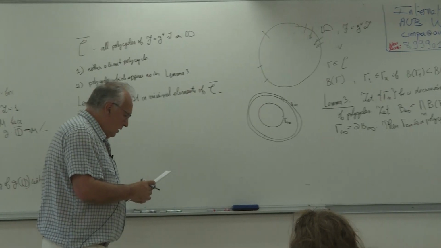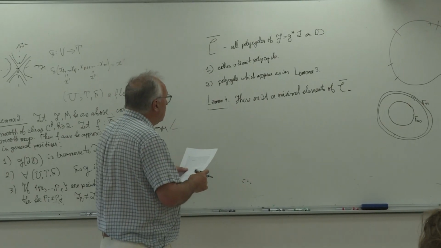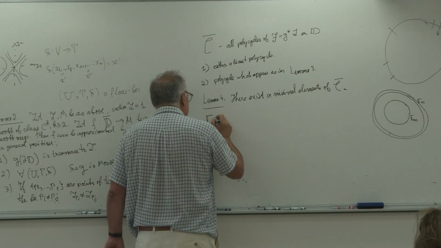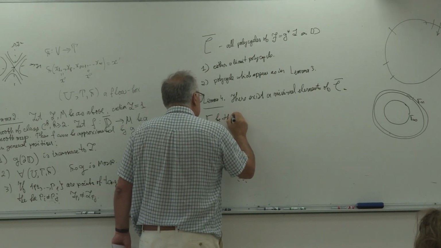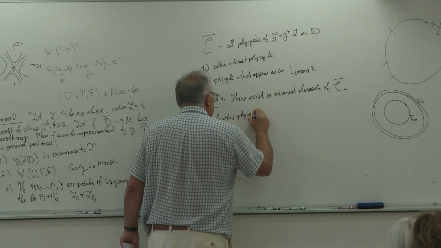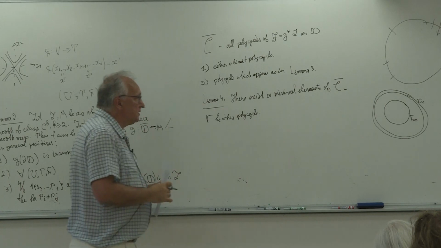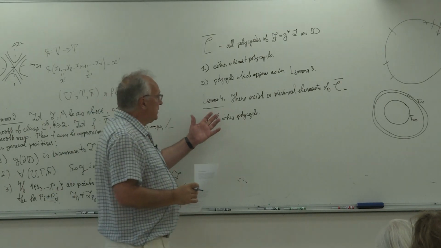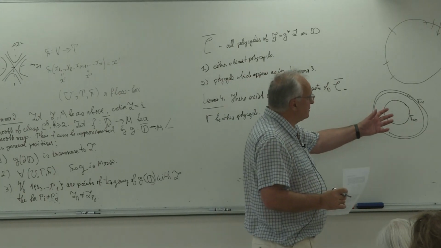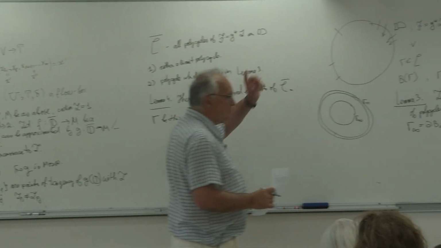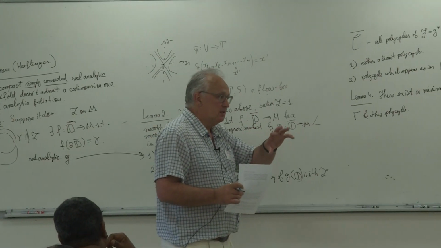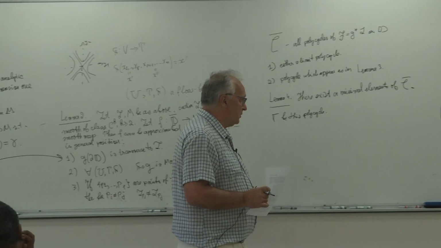And now, so it contains a minimal element. Let gamma be this element, this polycycle. So minimal means, very simply, that it does not contain any other polycycles from C bar, which are either limit polycycles, or intersections of limit polycycles.